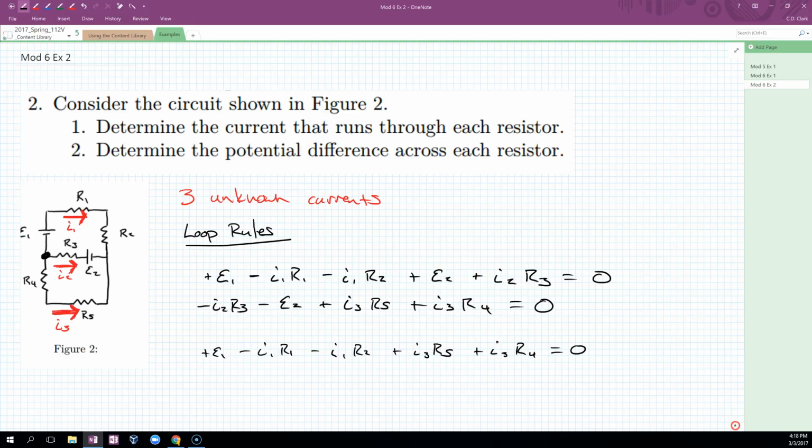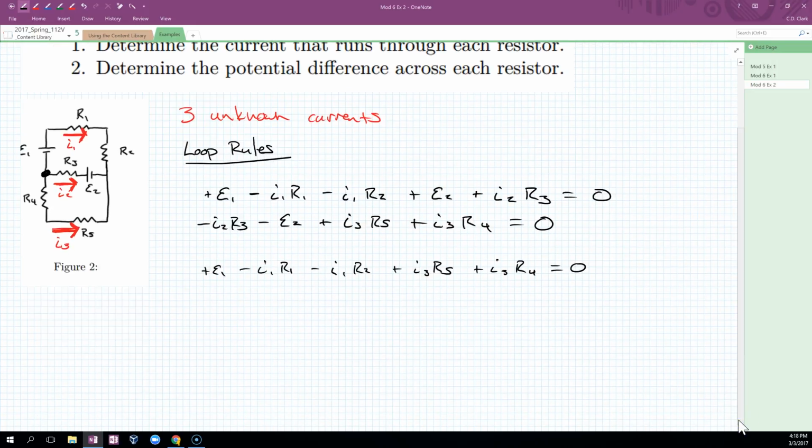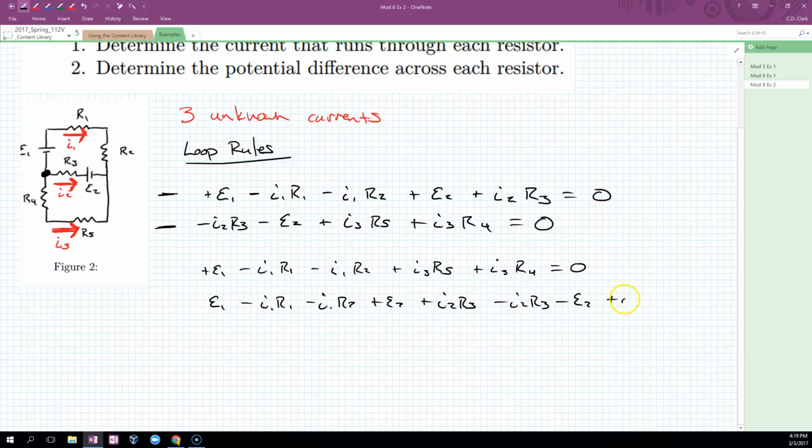Now what happens if I just take the first two equations and add them together? So I've got the first equation, EMF 1 minus I1 R1 minus I1 R2 plus EMF 2 plus I2 R3, and then the second equation, minus I2 R3 minus EMF 2 plus I3 R5 plus I3 R4.